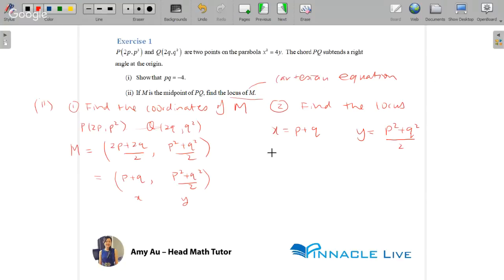So I'll show you what I mean by that. So you square this first. Expand. And quite often there will be a condition that links p and q together. And in this case, it's -4. So let's sub in -4.